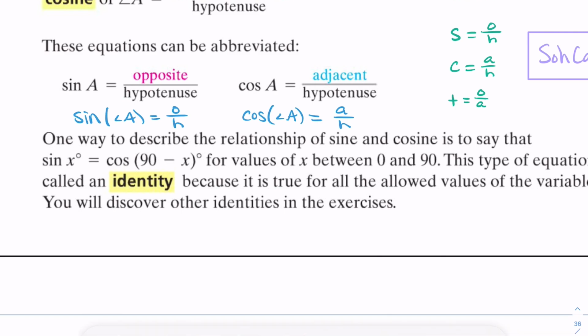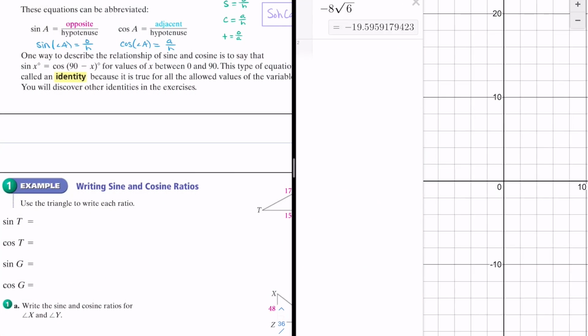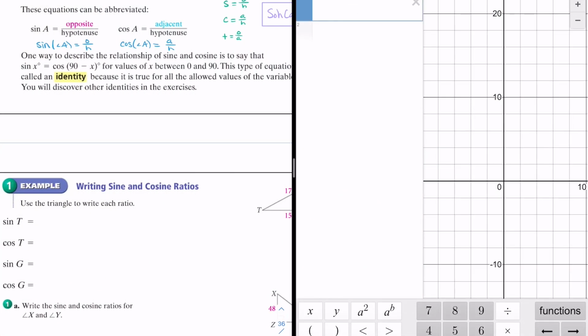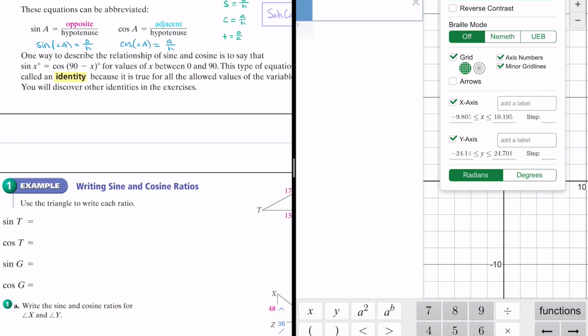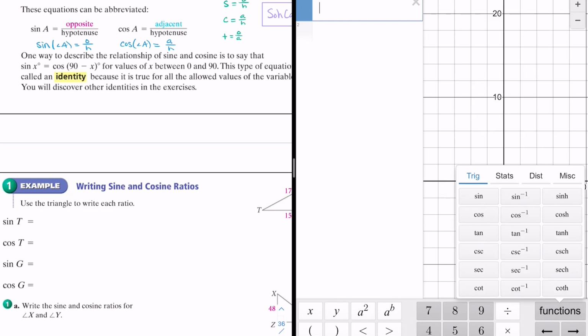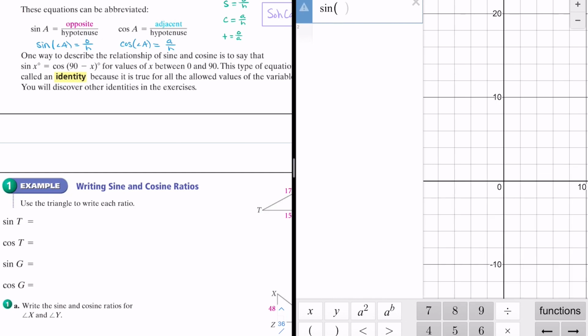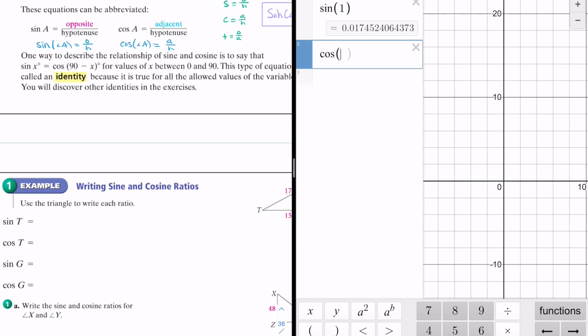And we can check this in our calculator. We're going to want to make sure we're in degree mode. Notice I changed this to degree mode. And we can do the sine of 1 degree, and the cosine of 89 degrees, and we see that they're equivalent.